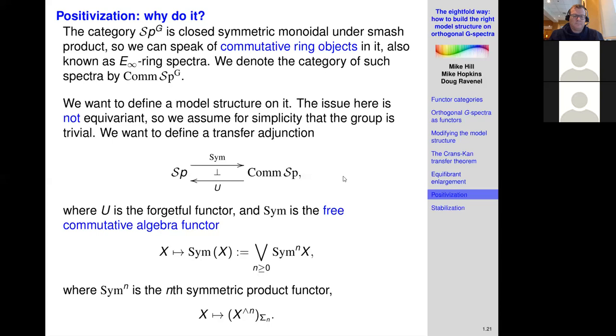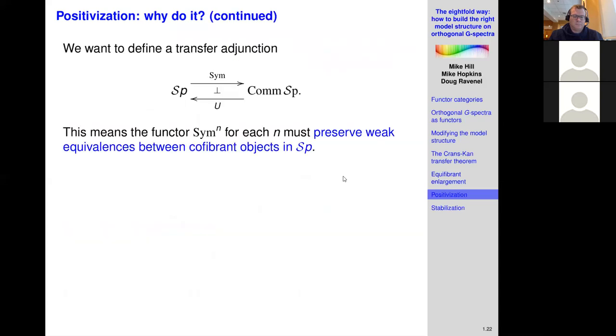I could start with the projective model structure on spectra and use this to define a model structure on commutative ring spectra, but it's not the stable one. We want to be able to start with the stable model structure and do this. And it turns out that there are some problems with that, which I will describe now.